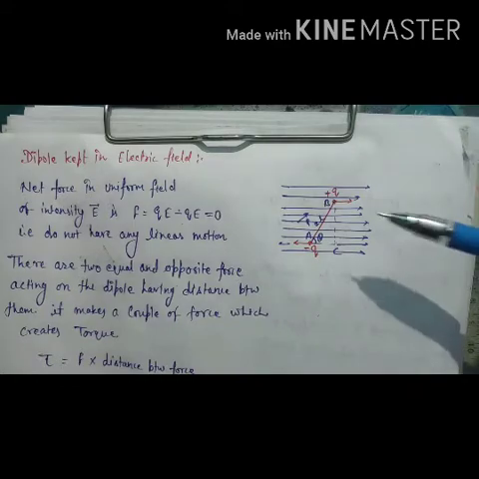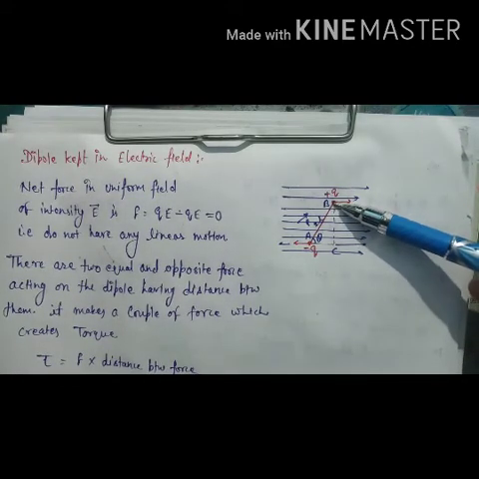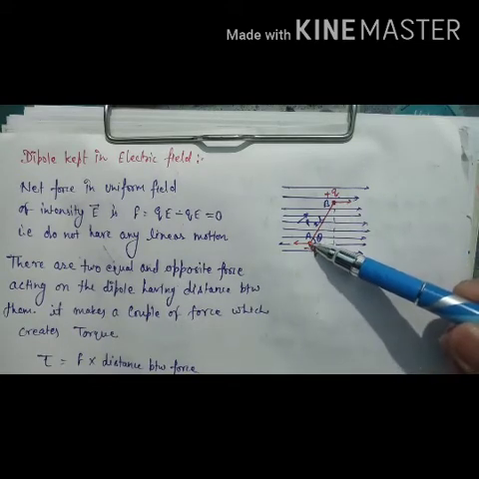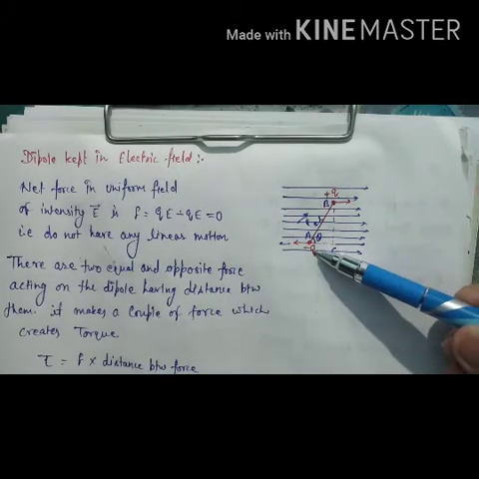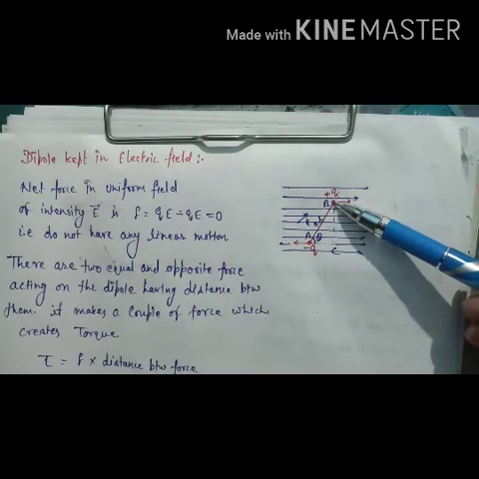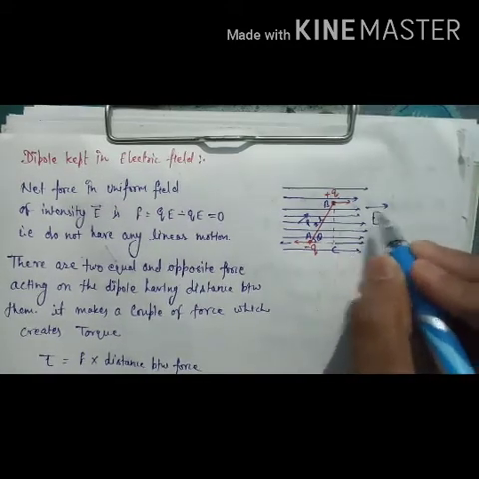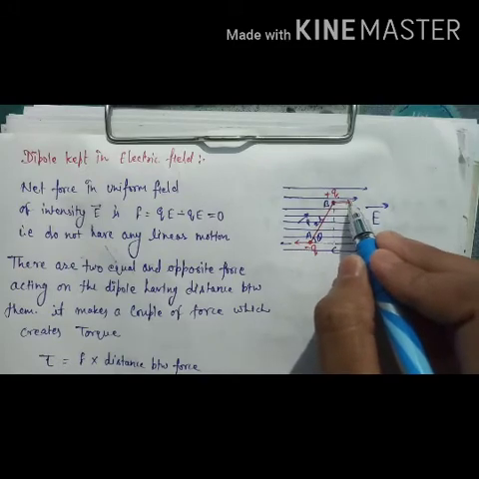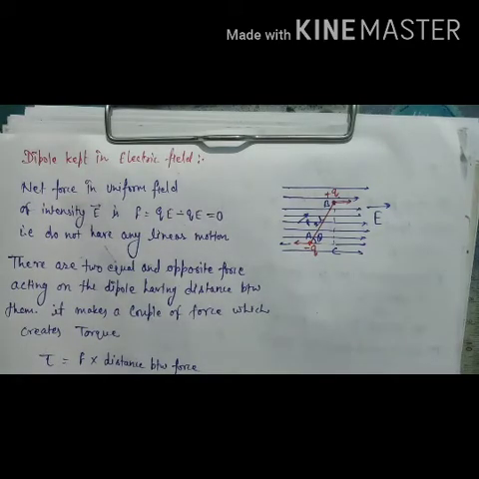Here the charge plus q experiences a force plus qE, and the other charge minus q experiences a force minus qE. The direction of the electric field is in this direction, so the force experienced is in this direction, and due to the minus charge the force experienced is in this direction.